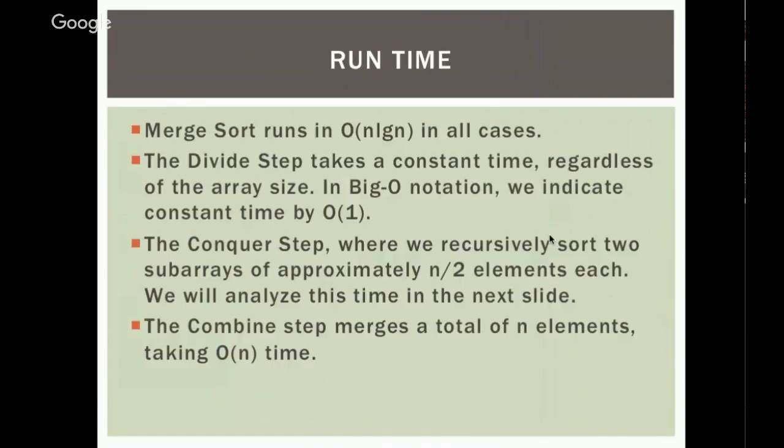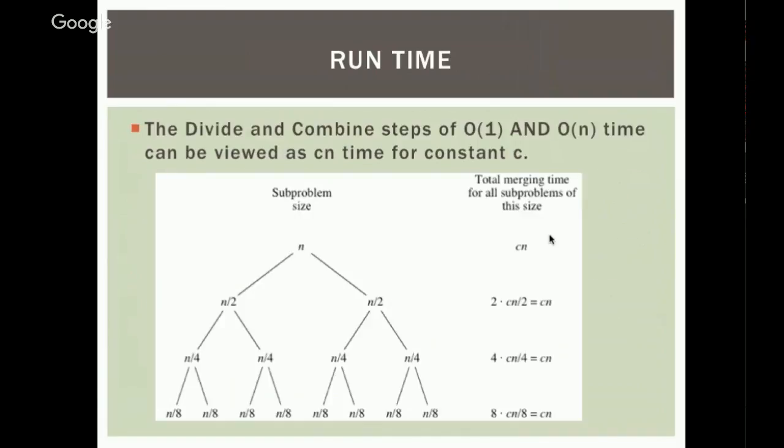The conquer step recursively sorts two subarrays of approximately n over 2 elements each. We will analyze this in the next slide. And the combine step merges a total of n elements, so it takes big O of n time. The divide and combine steps together can be viewed as Cn time for the constant C.